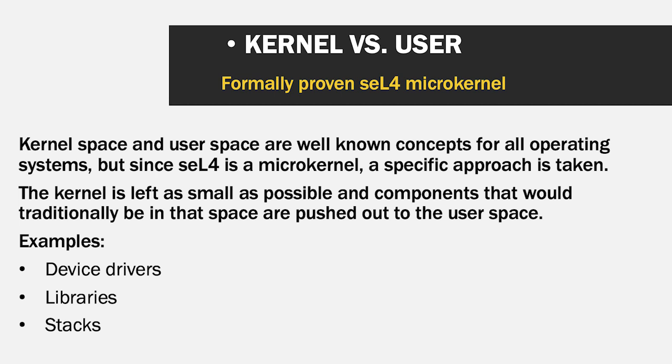When you're using a microkernel, you're trying to minimize that as much as possible. So what the microkernel provides are really just a few pieces. It provides memory management, scheduling, and IPC, inter-process communication. And outside of that, basically everything else is done in the user space. So this leaves the kernel as small as possible.